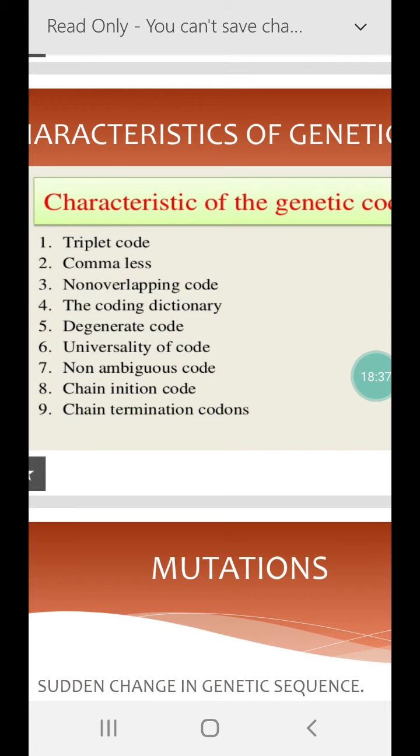Next, the genetic code is degenerate. It means it has 61 codons which are available for 20 amino acids. So 2 or more codons can specify the same amino acid. Hence it is said to be degenerate. Example, if you see triple G, then GGA, GGC and GGU code for glycine.